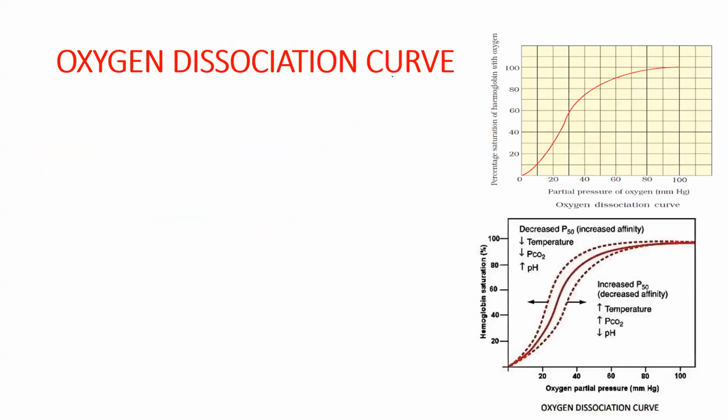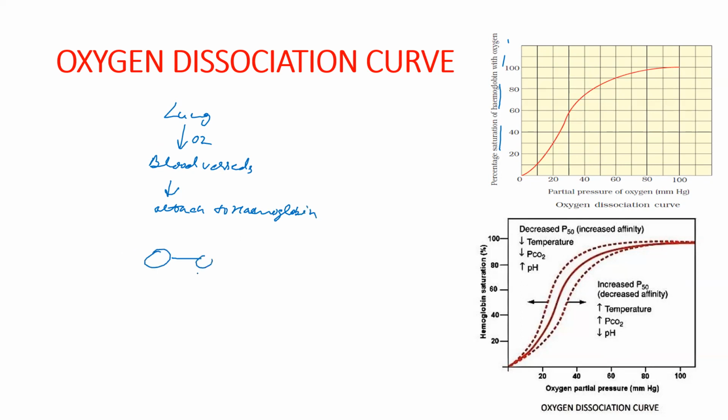Now, oxygen dissociation curve. This curve shows the saturation of hemoglobin with oxygen. When oxygen from lungs enters inside the blood vessels and attaches to the hemoglobin, it doesn't attach at once. It attaches one by one to all four active sites. Suppose that this is the four sites of hemoglobin, only one site is open.